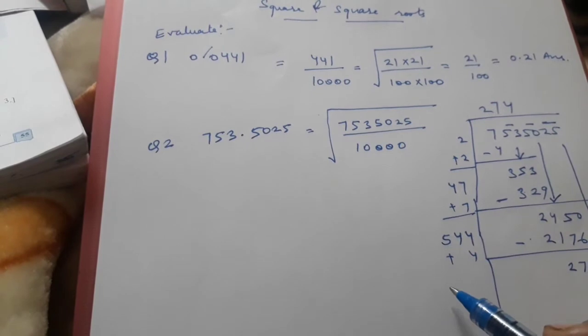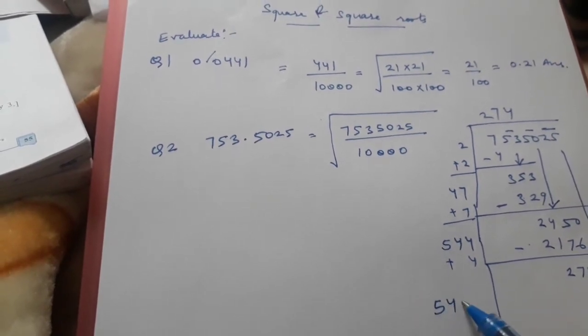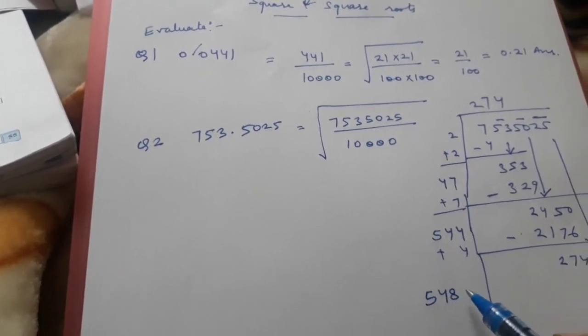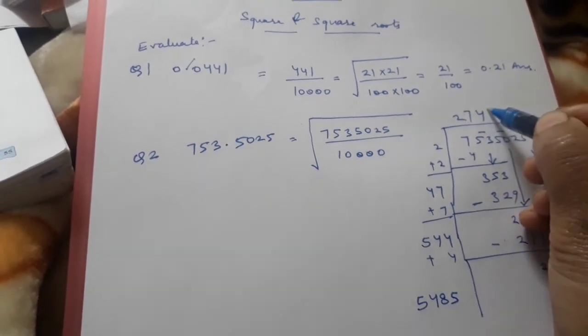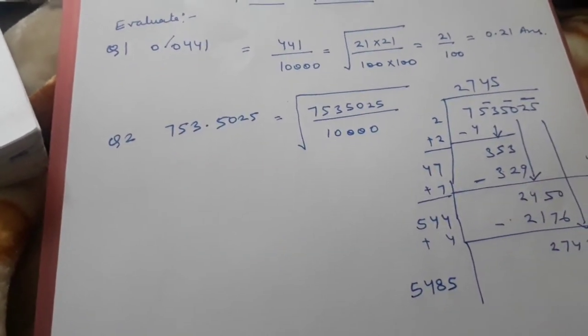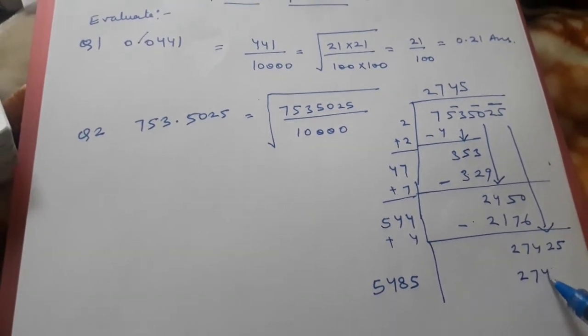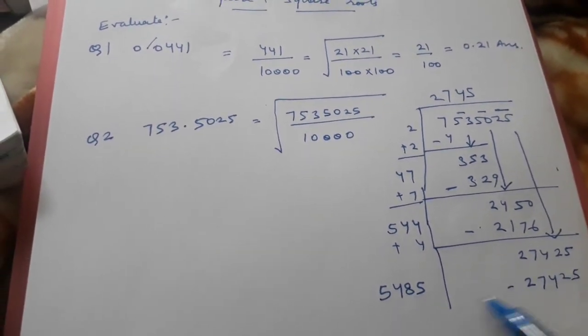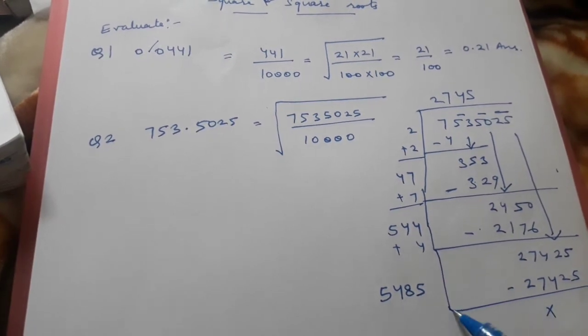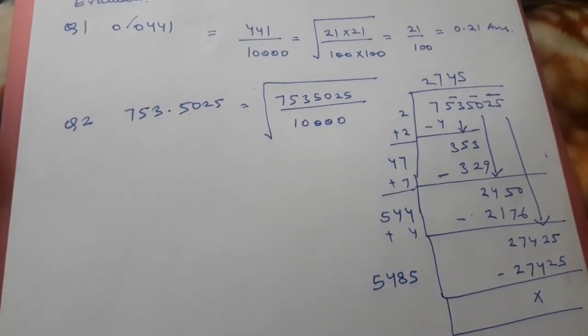So the number would become 548. So it will go by 5 only, and 5. So the number would be 27425, and it will go by whole.